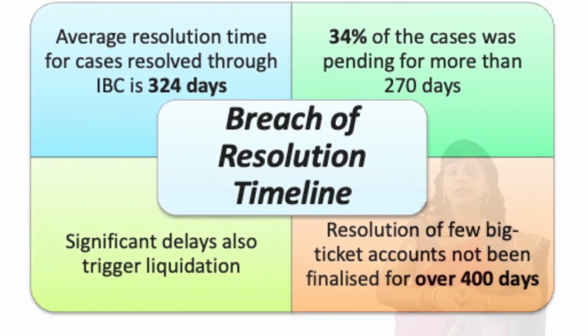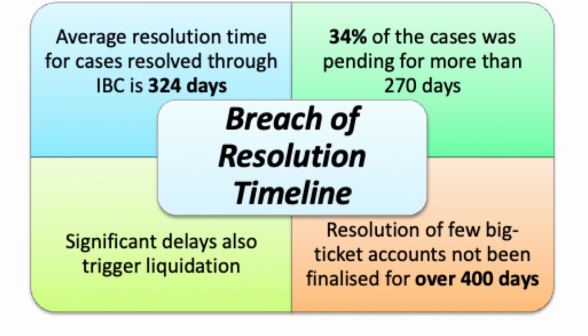But despite all these positive signals, resolution timelines remain an issue of concern in the success story of IBC. While the average resolution time for cases resolved through IBC is 324 days, which is much better as compared with 4.3 years earlier, it is still above the 270 days timeline initially set out in the code.